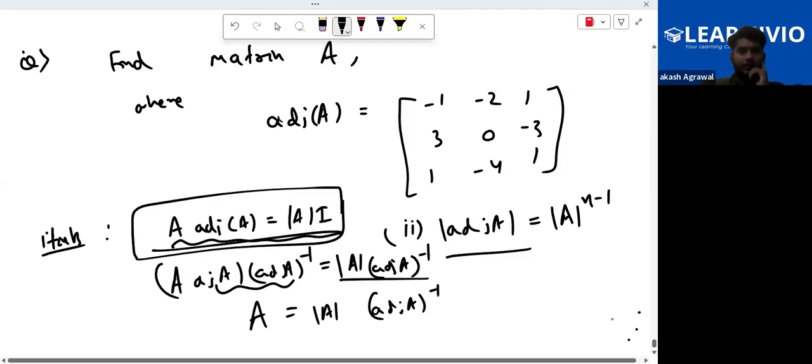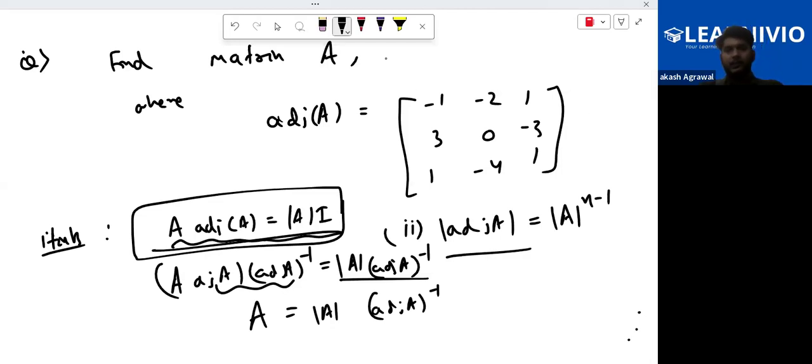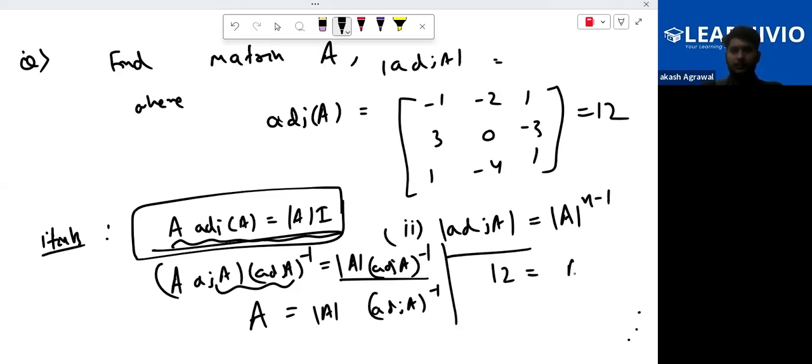Let's find determinant of adjoint of A. Did anyone find what is the answer here? Determinant of adjoint of A. So I got 12. Yes, this is 12. Okay. So using this formula, we have 12 equals determinant of A to the power 3 minus 1, which is determinant of A square. So determinant of A is root 12.